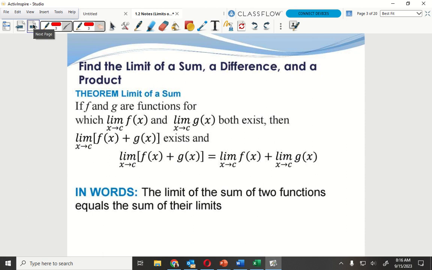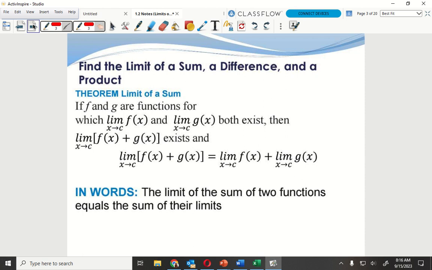Find the limit of a sum, difference, and product. Now, the word sum refers to what? Addition, adding things together. So if I had the sum of two limits, I would find the limits of both of them first, then add those together.